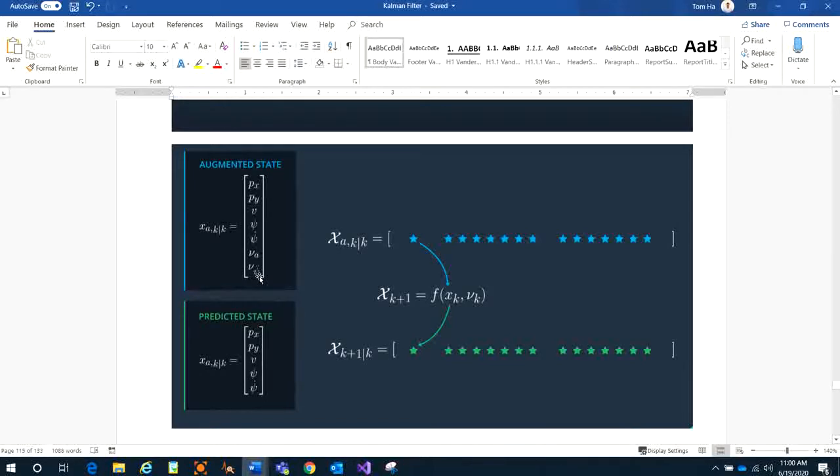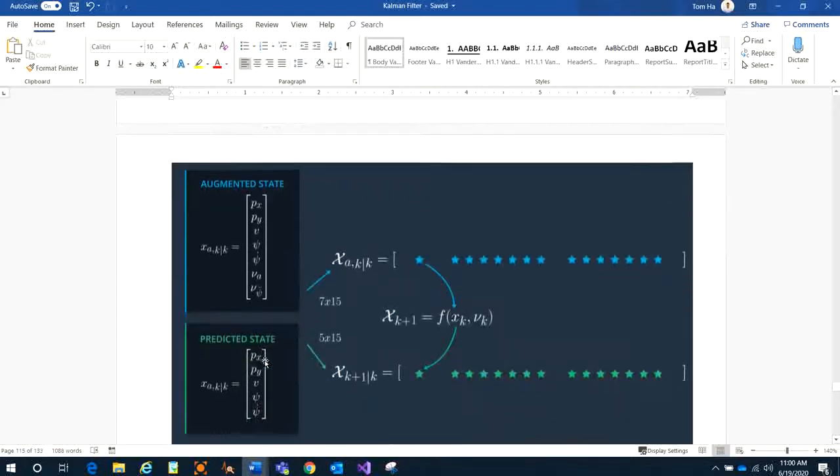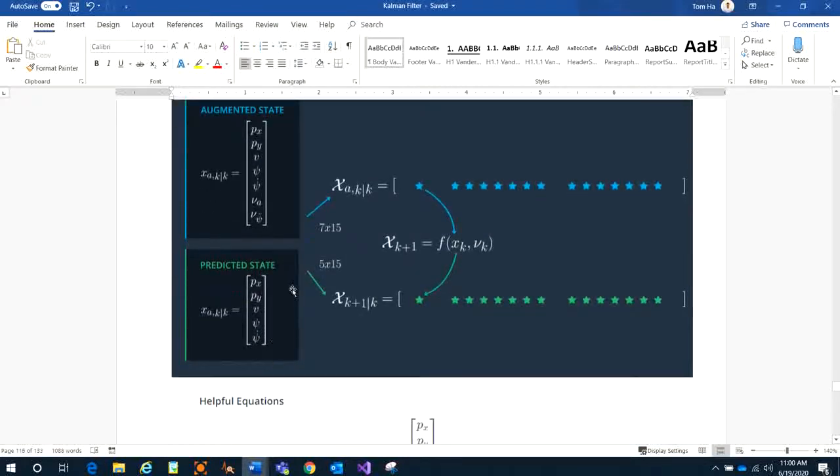But in the predicted state, we only need px, py, v, yaw, yaw rate. So right here we have the matrix. You remember that we create a matrix 7 times 11 for the augmented state.